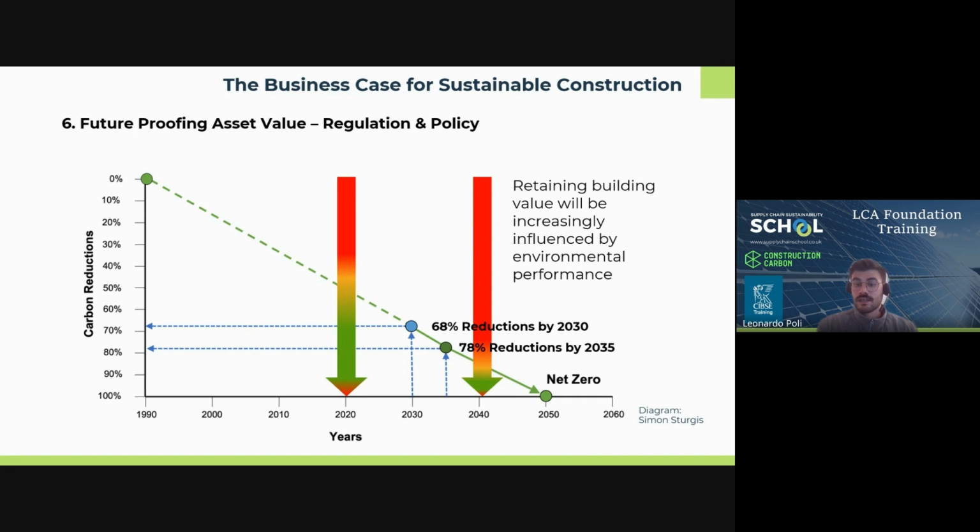The 6 environmental parameters established in the taxonomy regulation are: 1. Climate change mitigation. 2. Climate change adaptation. 3. The sustainable use and protection of water and marine resources. 4. Transition to a circular economy. 5. Pollution prevention and control. And 6.